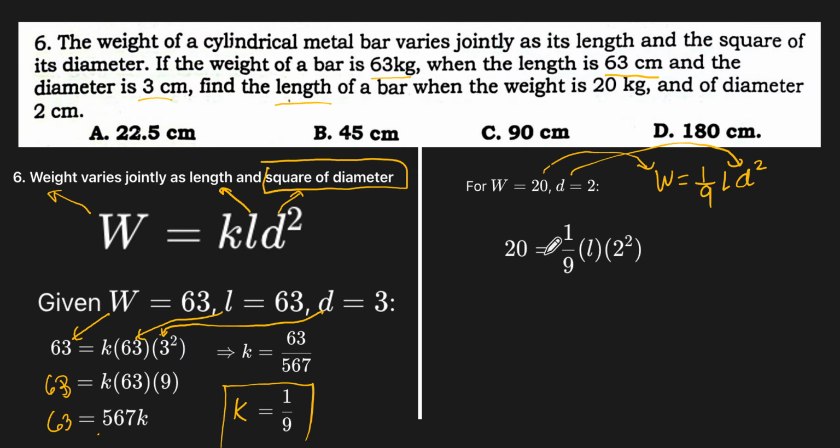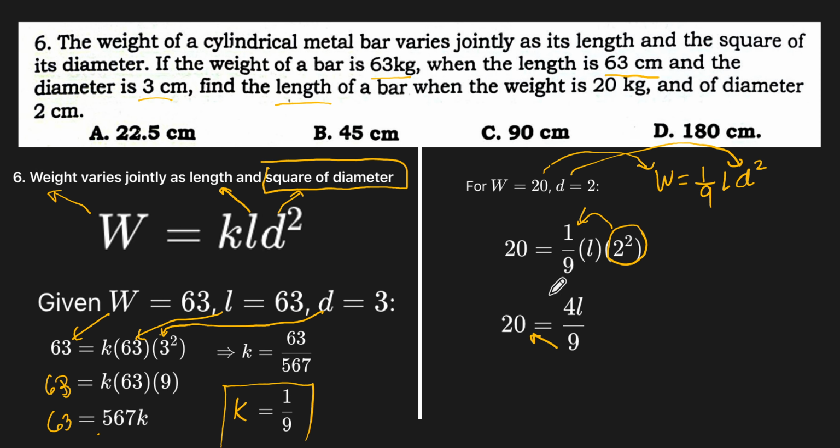So 20 equals 1 over 9 times length times 2 squared. We can simplify 2 squared first. So we have 4L. Okay, so we can write here the 4 in the numerator beside the L, or the length, over 9 equals 20. And then we multiply them.